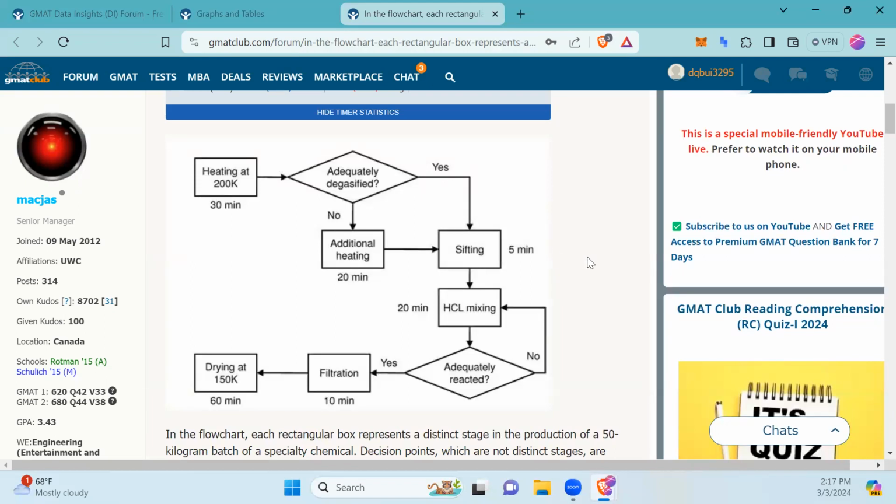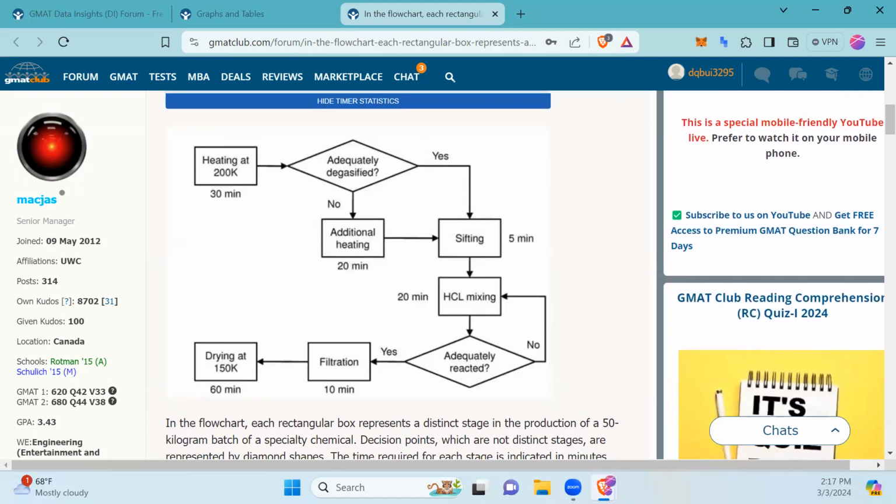Okay, can you quickly describe what the graph is saying in your words? Okay, so it's telling us about a chemical processing process.